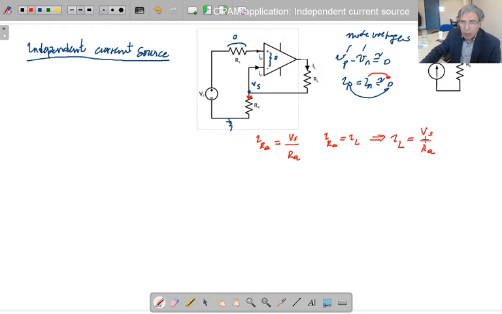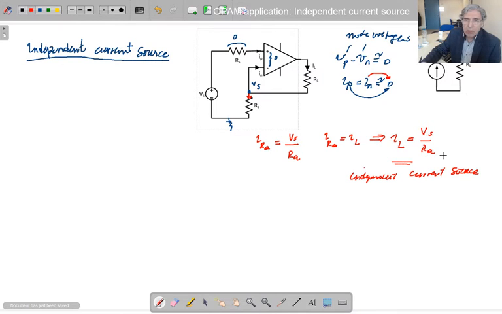So if you look at here, this is the independent source, Ra this resistance value, and the current here is this load current. So load current does not depend on the RL. So it is an independent current source.